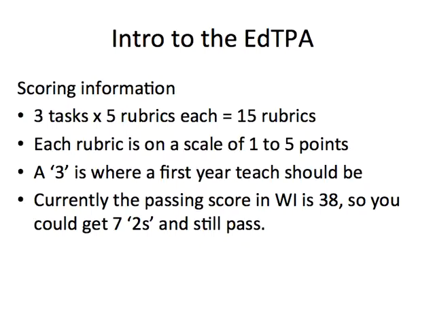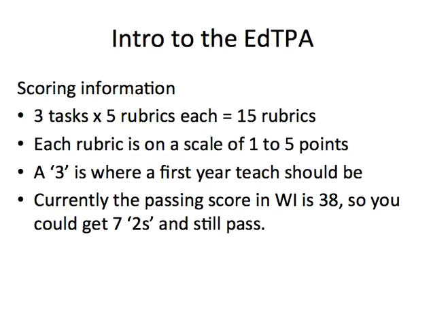Now, as far as scoring information goes, there are 3 main tasks: planning, instruction, assessment, with 5 rubrics each for a total of 15 rubrics. Each rubric is on a scale of 1 to 5 points. A 3 is where you, as a first-year teacher, are supposed to theoretically be. That's how the scaling system was created.